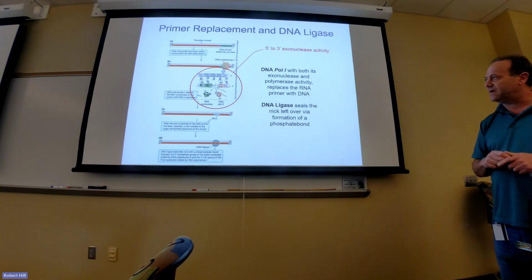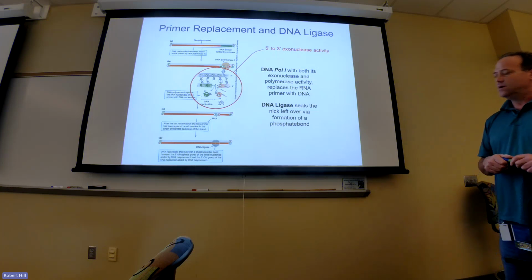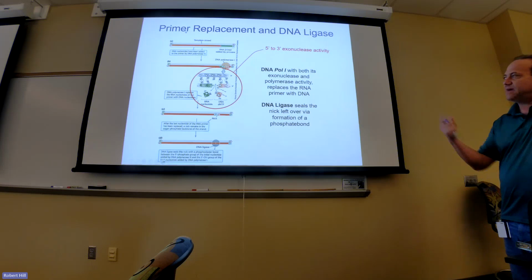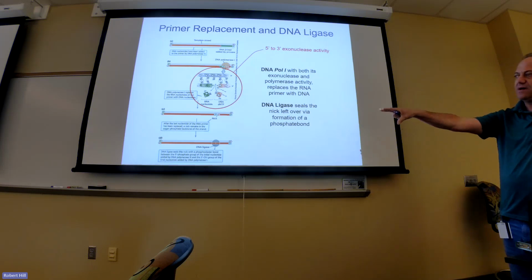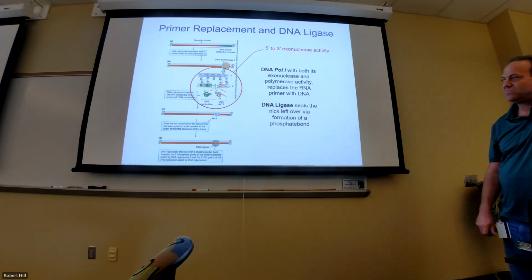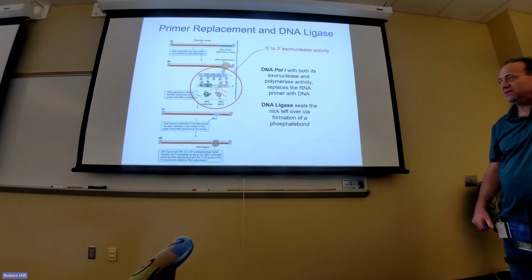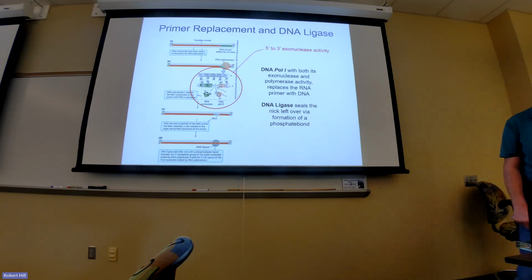Shuttling that insert into the plasmid, we used DNA ligase to seal it in there. So that is basically the final step: it closes the gap in the phosphodiester bond and seals it all together. If you didn't have that, you would have a serious mutation in your DNA, and RNA polymerase would not be able to travel down.